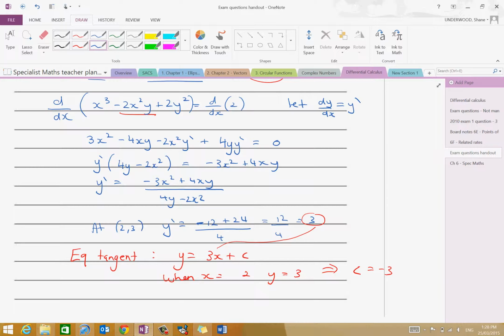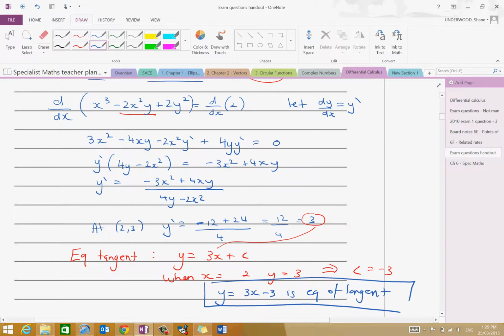You guys have 4.5 minutes without having to explain it. So y is equal to 3x minus 3 is the equation of the tangent. Put a little box around it, nice and easy. Happy with that? Okay, good.